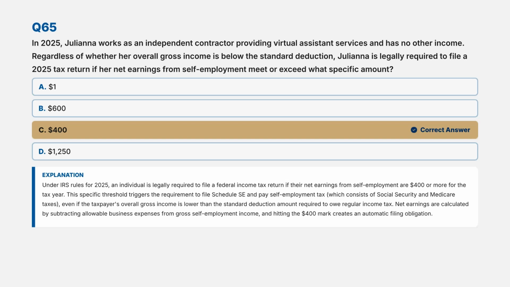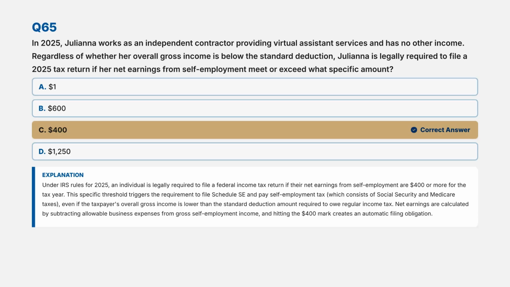This specific threshold triggers the requirement to file Schedule SE and pay self-employment tax, which consists of Social Security and Medicare taxes, even if the taxpayer's overall gross income is lower than the standard deduction amount required to owe regular income tax. Net earnings are calculated by subtracting allowable business expenses from gross self-employment income, and hitting the $400 mark creates an automatic filing obligation.